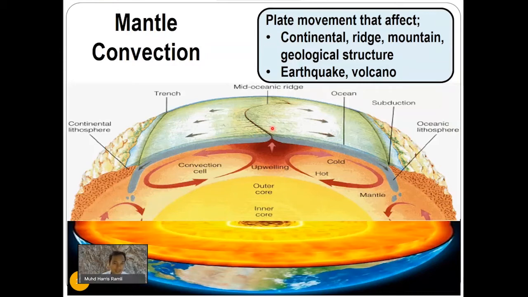Once the material hardens, it creates the geological features of one particular area. If it's on land, you can get ridges and mountains. If it's in the ocean, you have mid-oceanic ridges.